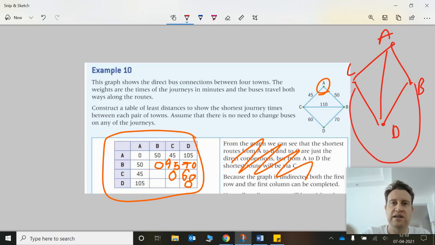Now, A to C, we can put in as 45, and A to B is 50, and A to D is now 105, and B to C is 95, and C to D is 60, and B to D is 70.